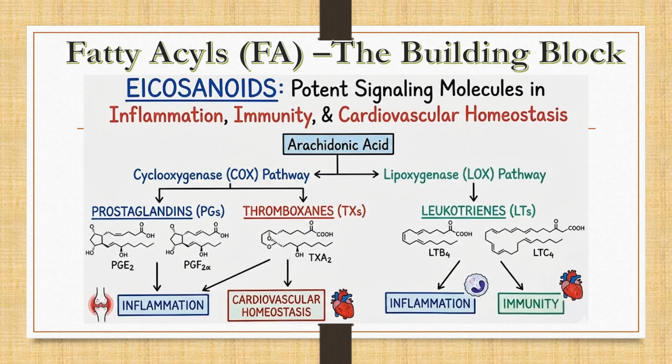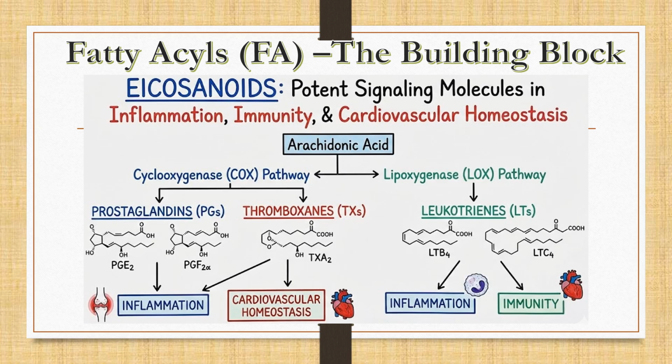Eicosanoids are biologically active lipid mediators derived from 20-carbon polyunsaturated fatty acids, mainly arachidonic acid. Unlike storage lipids, eicosanoids are produced in very small amounts and act locally at their site of synthesis.